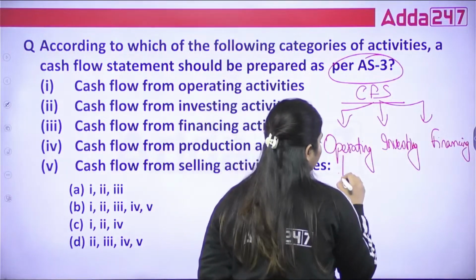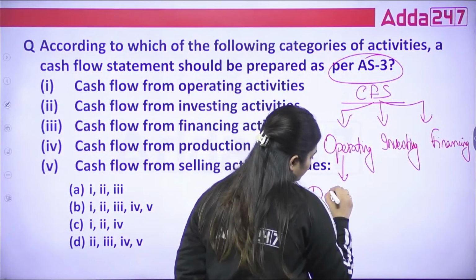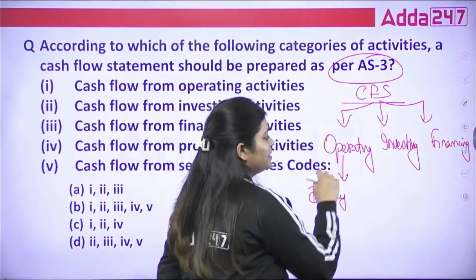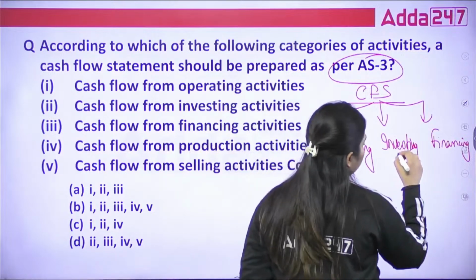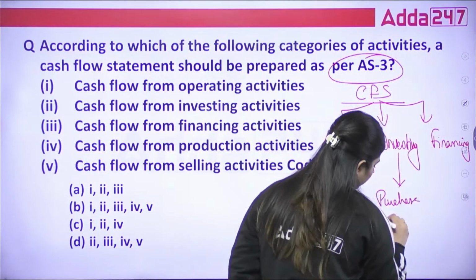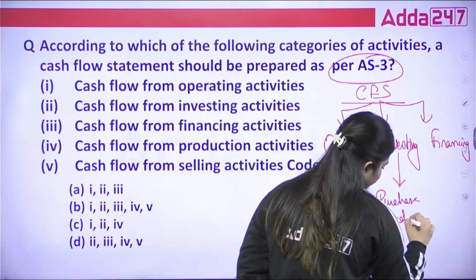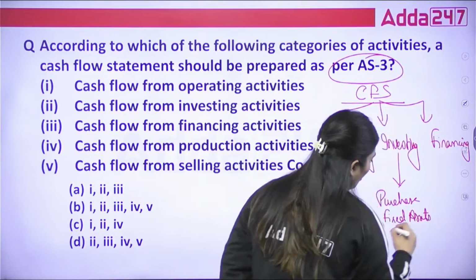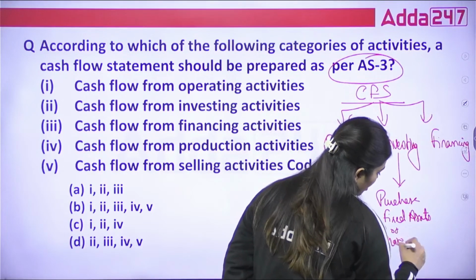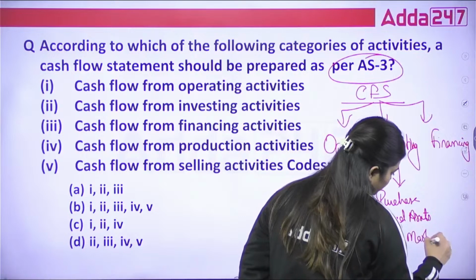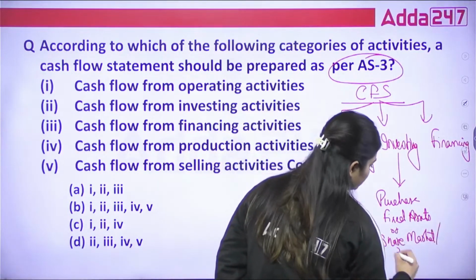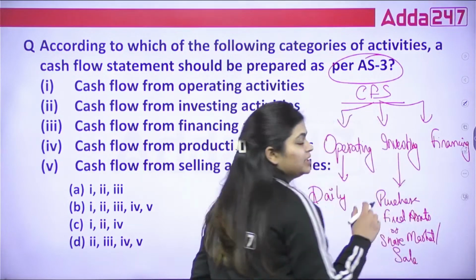So your daily transactional activity like purchasing, selling, debtors, creditors, they are going to be a part of operating activity. Investing activity means when they purchase fixed assets or invest in the share market, not in their own company but in some other companies. If you sell these things, that will also come under investing.